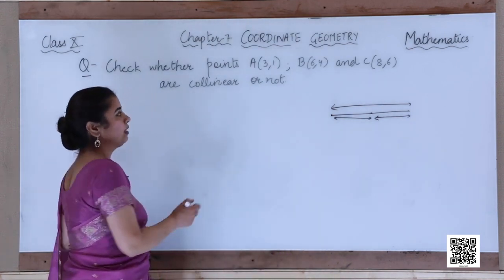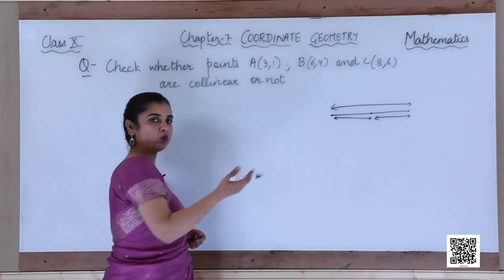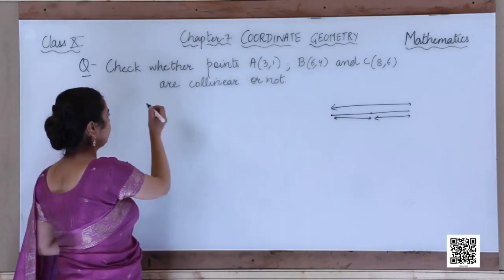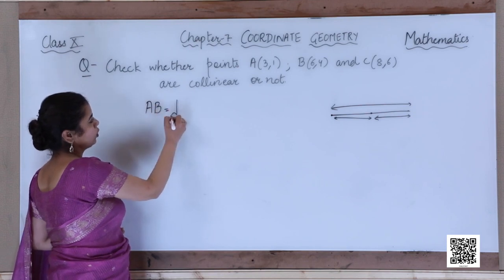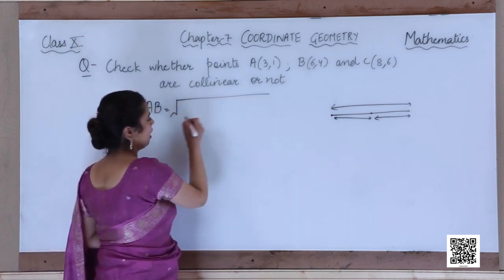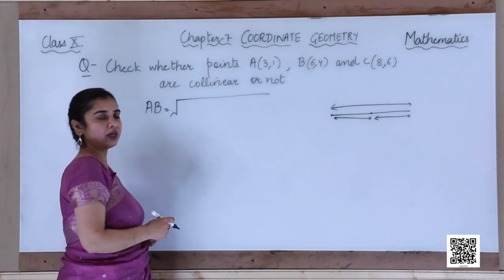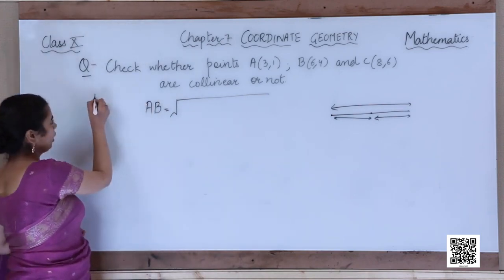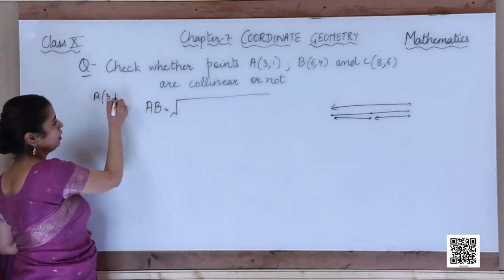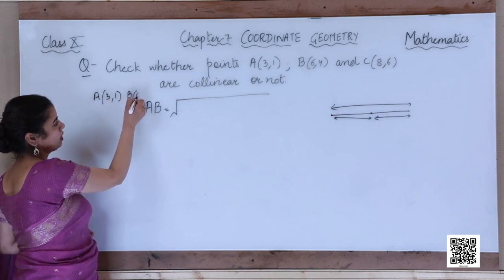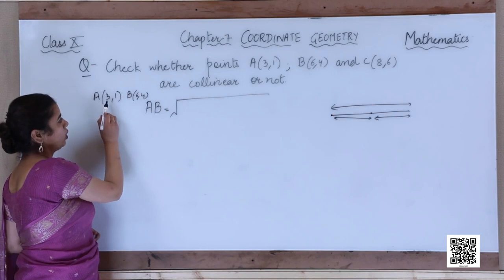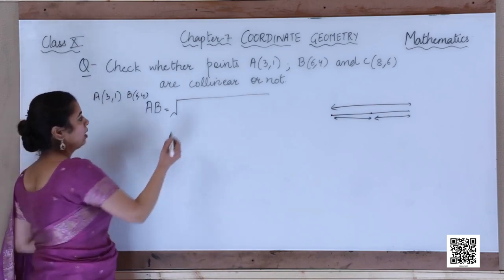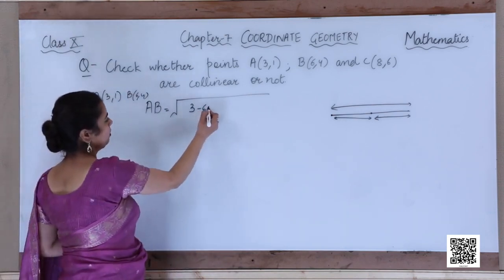We will just find the distances between any 2 points. First we can find the distance between A and B. So AB will be equal to under root. Now our formula is (x1 minus x2) square. A point has coordinates 3, 1. B point has coordinates 6, 4. So for this case, which are the x coordinates? 3 and 6. Let us find the difference between them.